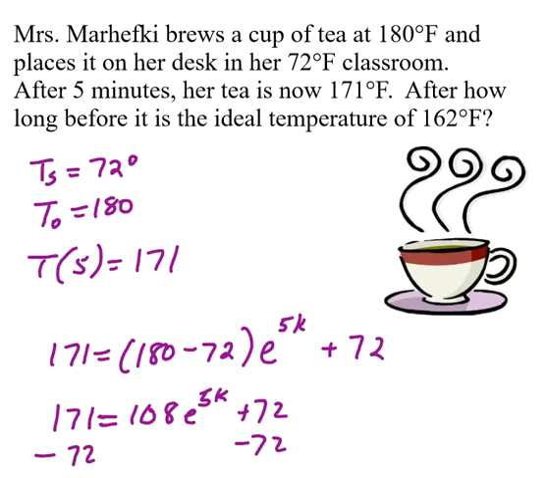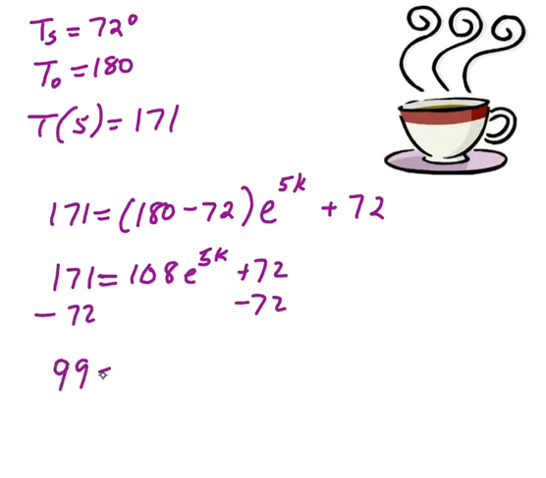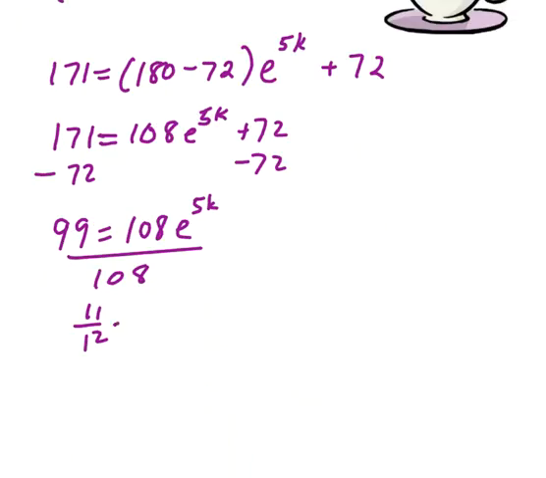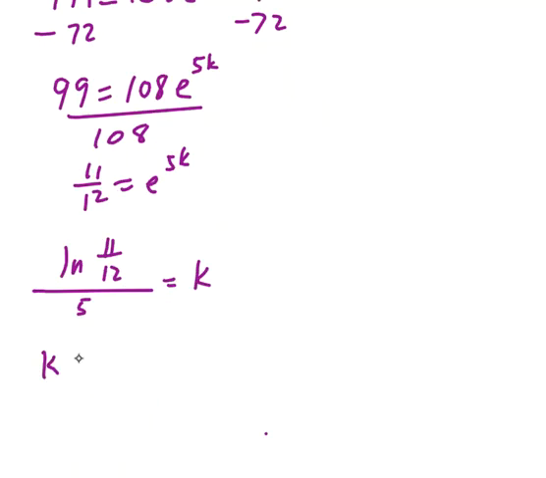So just going through, and I got 11/12 here. Then ln of 11/12 over 5 equals k, which if I wrote the decimal, you're going to have about negative 0.0174-ish.